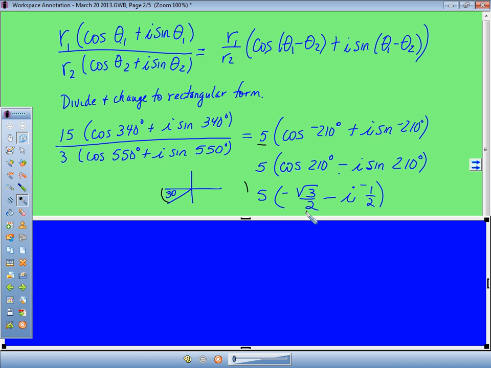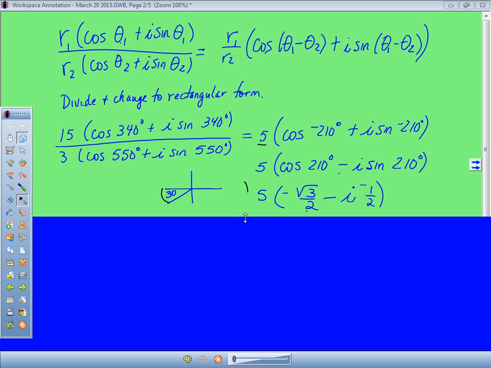It's in the third quadrant, so it's negative. Sine of 30 degrees is a half, and it's also negative in the third quadrant. An important thing to note, if you're working with polar form, if cosine is square root of 3 over 2, sine will be a half, and vice versa. If cosine is a half, sine will be square root of 3 over 2.